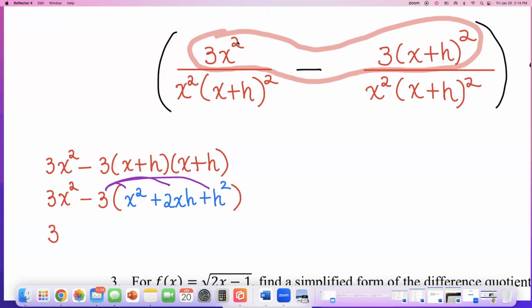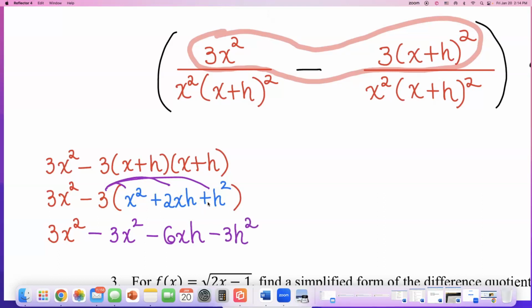So that's going to be 3x squared just coming down. But when you distribute this negative 3, you will get minus 3x squared. Negative 3 times positive 2xh will give me minus 6xh. And negative 3 times positive h squared, that's negative 3h squared.